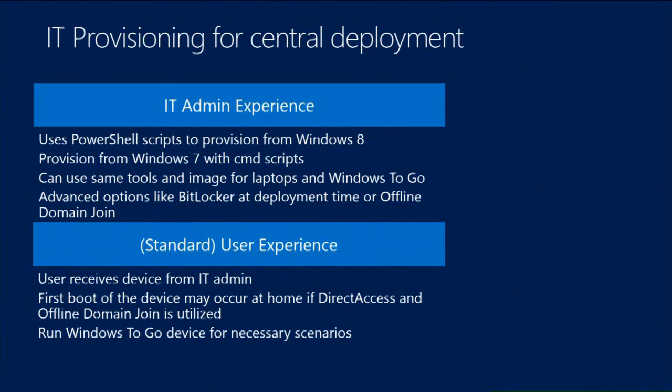So the experience here, highlight that really quickly. IT goes through all that process. Then the end user here, what's the end user process? They would receive the drive, and they would first boot that drive on their PC.